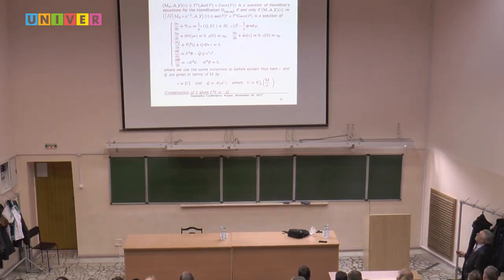All of these are solutions of Hamilton's equations for the Hamiltonian if and only if these variables, m, a, and y, satisfy these equations, where we use the same notation as before, except that here v and q are given in terms of m. M is rho v, morally speaking. Okay? And I have conservation of j, which gives me delta a equal to minus q. This equation is missing.